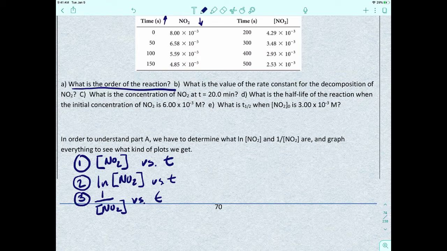What we're looking for in these 3 graphs is a straight line. The one that gives us a straight line is going to tell us what order this reaction is. One of these 3 has to give us a straight line. Whichever one gives us a straight line, now we know what order it is.